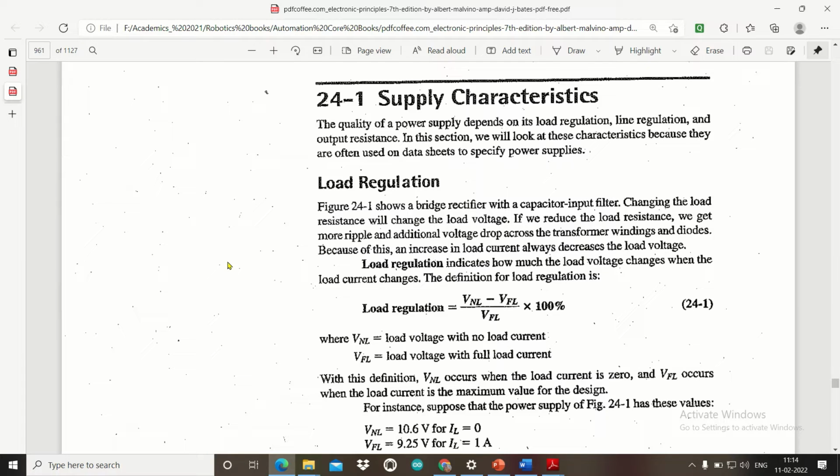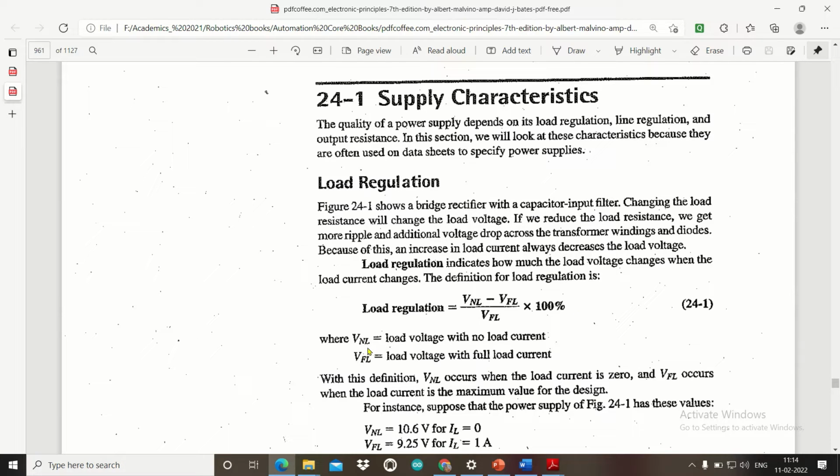You can find that load regulation indicates how much the load voltage changes when the load current changes. The definition is given through a mathematical equation that you have to remember: load regulation is VNL minus VFL divided by VFL into 100. That means it is taking the percentage value.